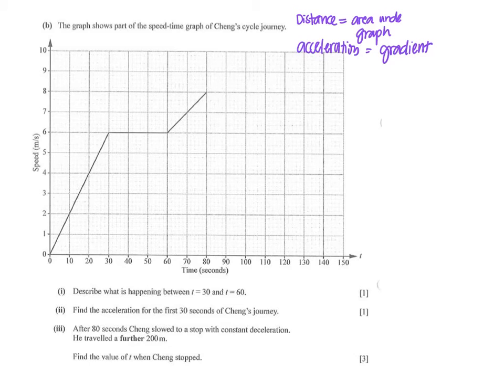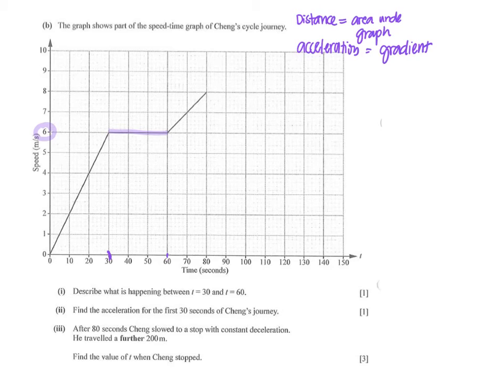Now they ask the first question: describe what is happening between t equals 30 and t equals 60. We notice that there is a flat line over here, and the speed during this point is 6 meters per second. If it's a flat line, it means it's maintaining constant speed between 30 to 60 seconds at a speed of 6 meters per second.